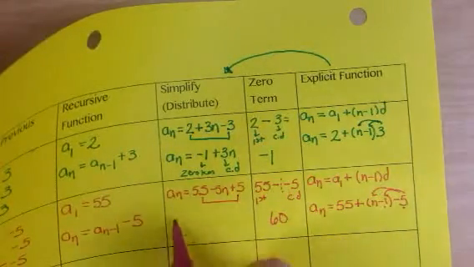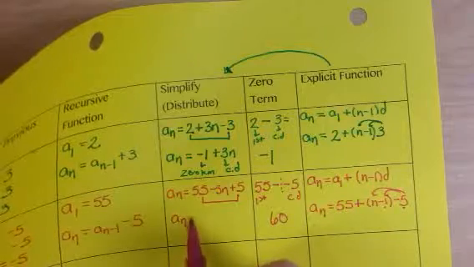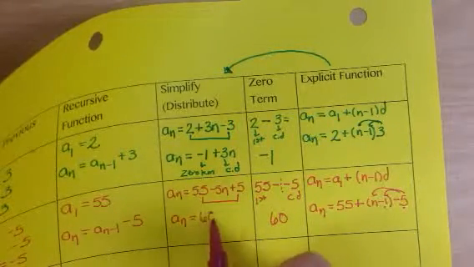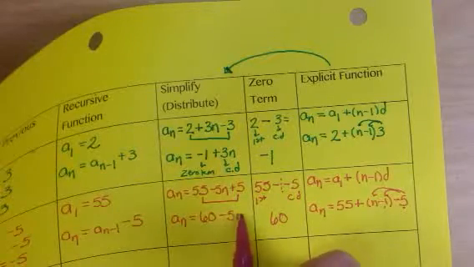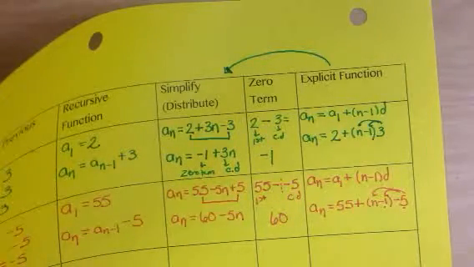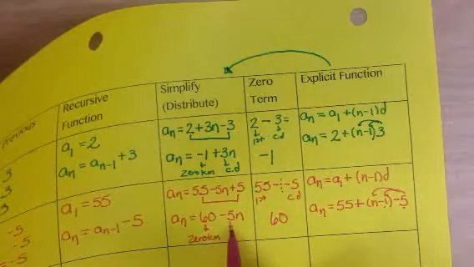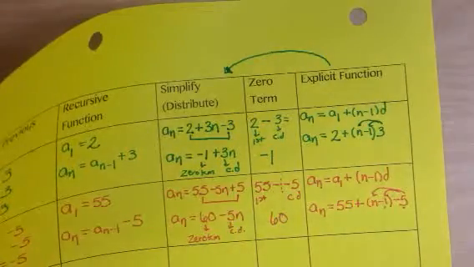Combine like terms. A sub n would equal 55 plus 5, which is 60, minus 5n. Again, when we simplify the explicit function, you are given your zero term and your common difference.